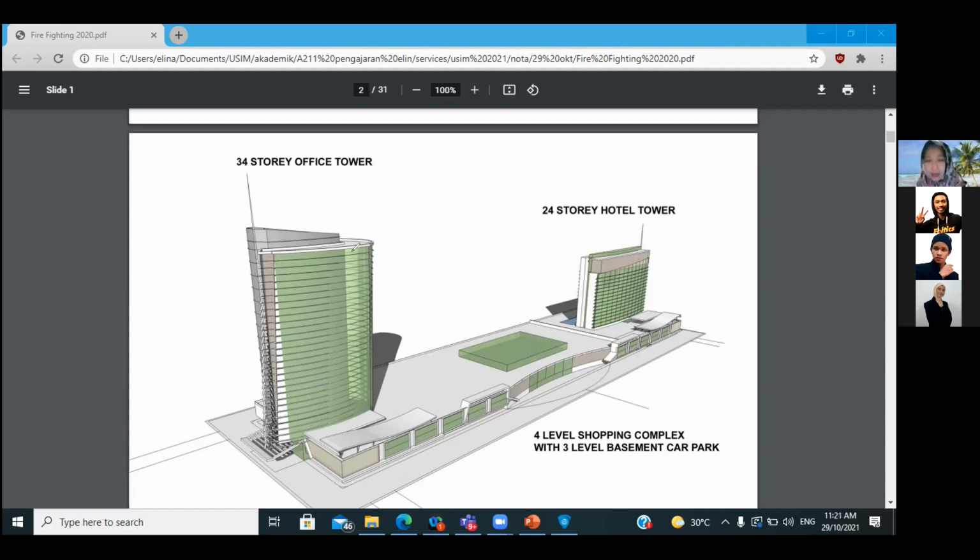Okay, let's say, this is more overall about what to capture for the fire, for high rise and complex building. Why we say complex here? Because at one plane, at one site, one area, there are a lot of developments. There are different categories, purpose groups. There is an office tower, there is a hotel, and down there is a shopping complex.